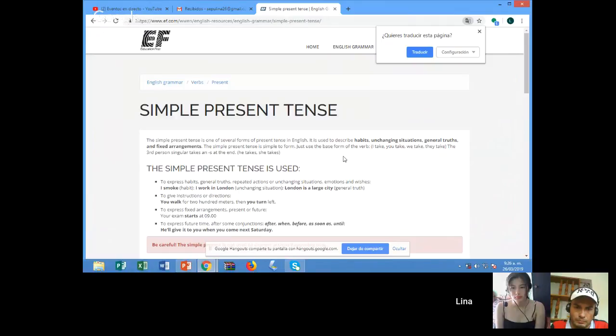General truth. To give instructions or directions: you walk for 200 meters, then you turn left. To express fixed arrangement, present or future: your exam starts at 9, okay?